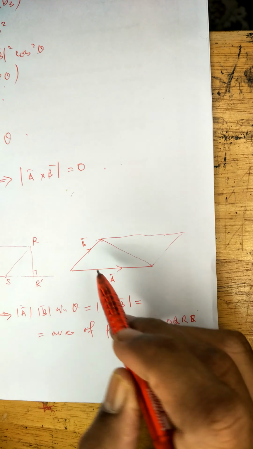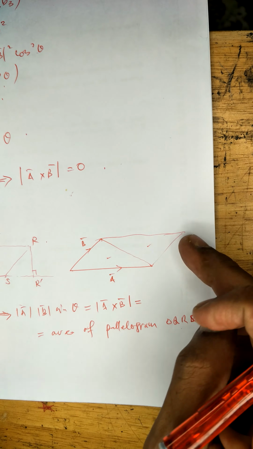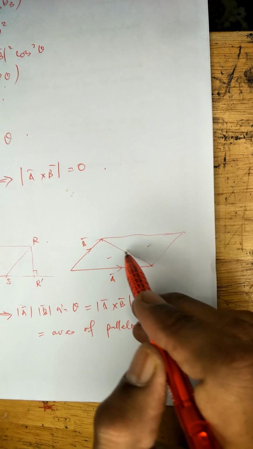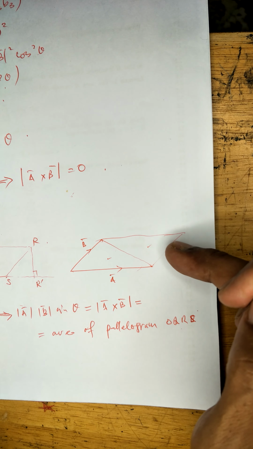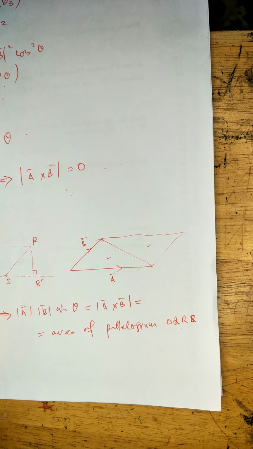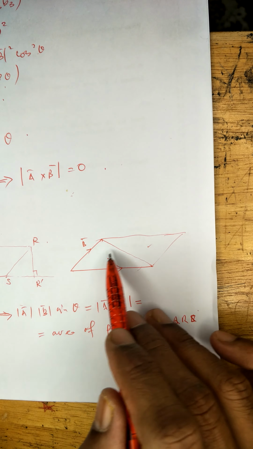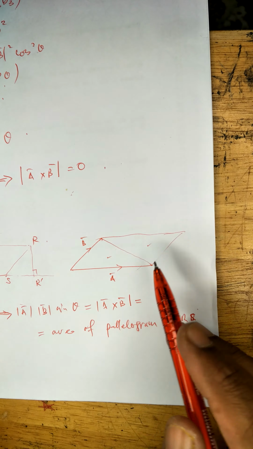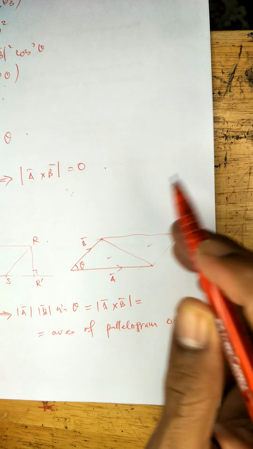This area and this area are equal, because we cut it in half. So this area is half of the area of the parallelogram, which is basically the area of the triangle at angle theta.